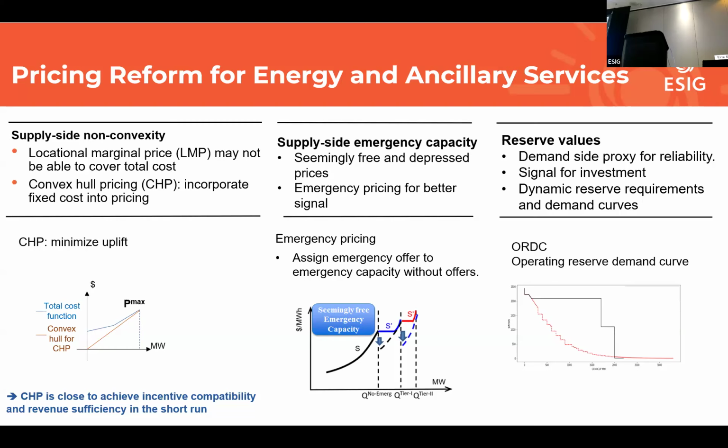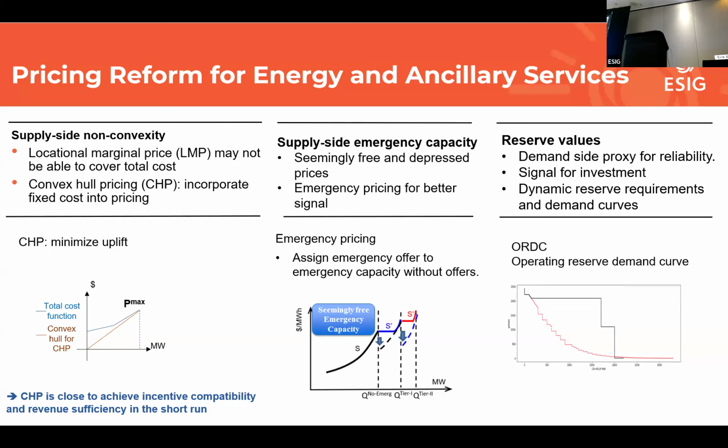This one just summarizes some of the recent effort to improve electricity market pricing. The first one is on the non-convexity. We discussed a little bit earlier, all these generators' fixed costs, and how we can reflect that fixed cost to avoid side payments.